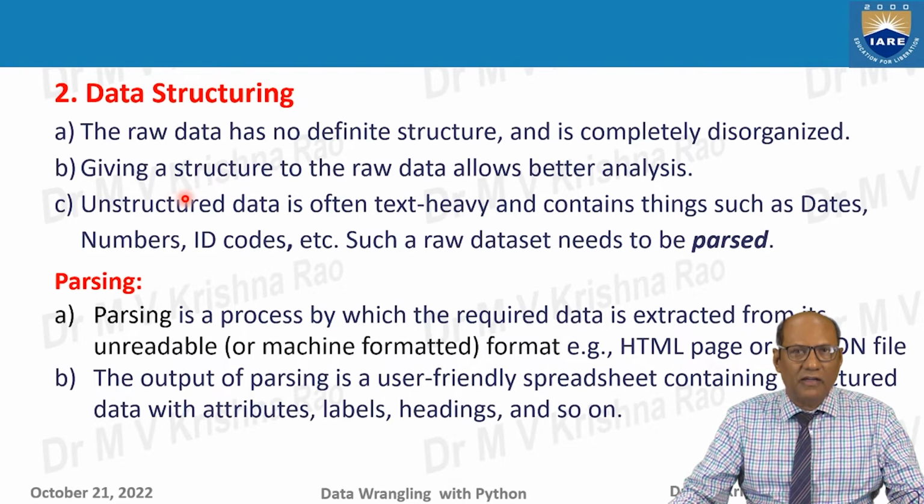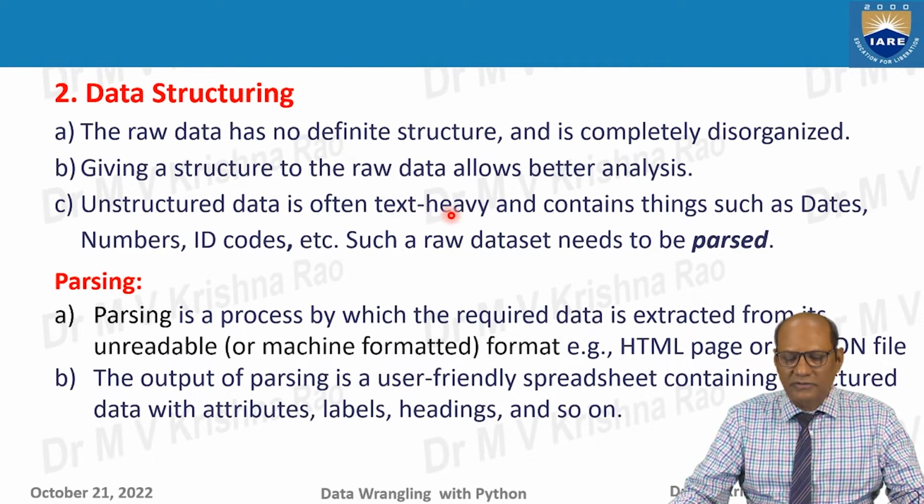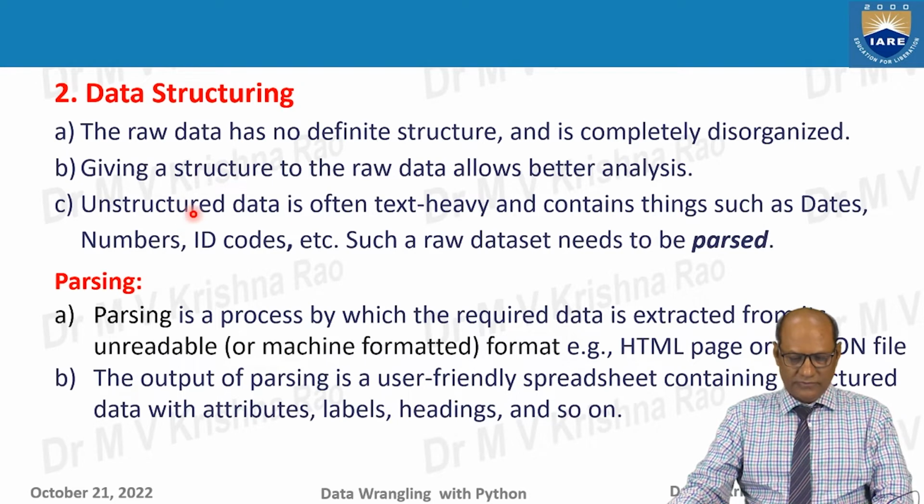If I take the raw data without any structure, mostly it will be written in the form of text, because even the numericals are written as text, maybe separated by some commas or semicolons. And there are dates, numbers, ID codes, etc. So it is a flow of characters simply, and you have to identify the meaning for each character. That is what happens during the structuring phase.